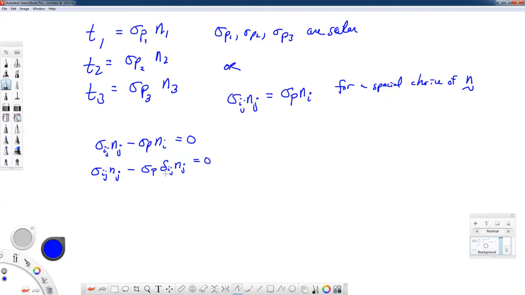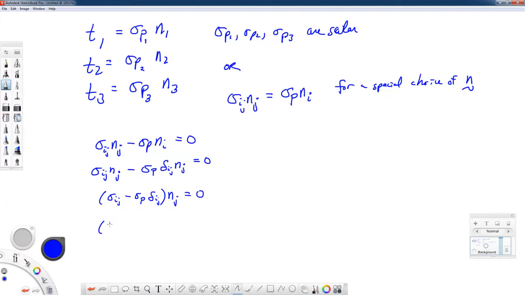And remember, the Kronecker delta can act as a replacement operator on indices. So this is true. This will reduce down to n i. But the reason why I want to do that is now I have an n j common to both of these terms. And so I can pull that out to the side and write sigma ij minus sigma p Kronecker delta ij, times n j, is equal to 0.